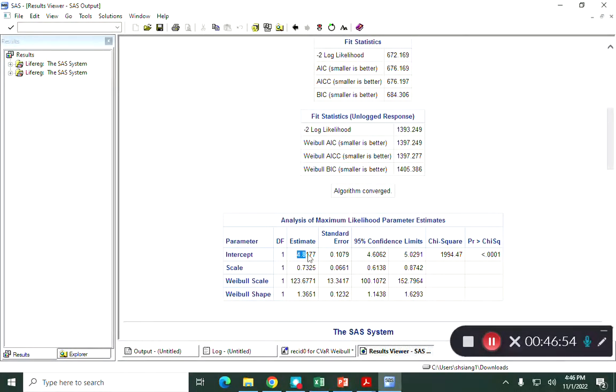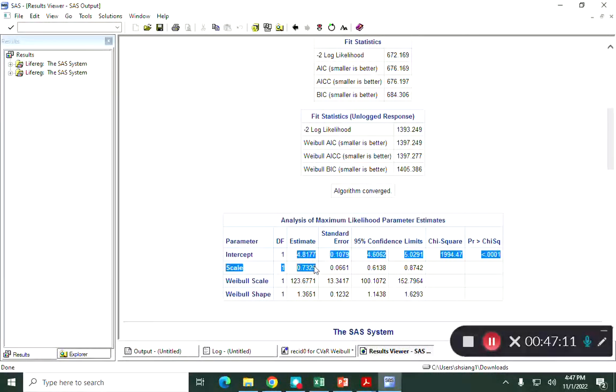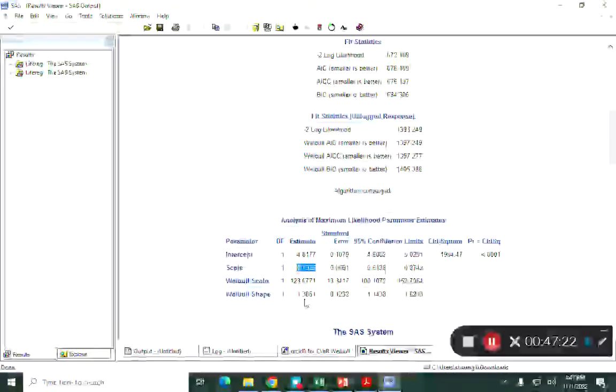I still have my intercept, my scale, my Weibull scale, and my Weibull shape. If you use the SAS manual and the lecture notes I gave you, can you use this 4.81 and 0.725 to figure out the Weibull scale and Weibull shape? You plug and play the same way, right?